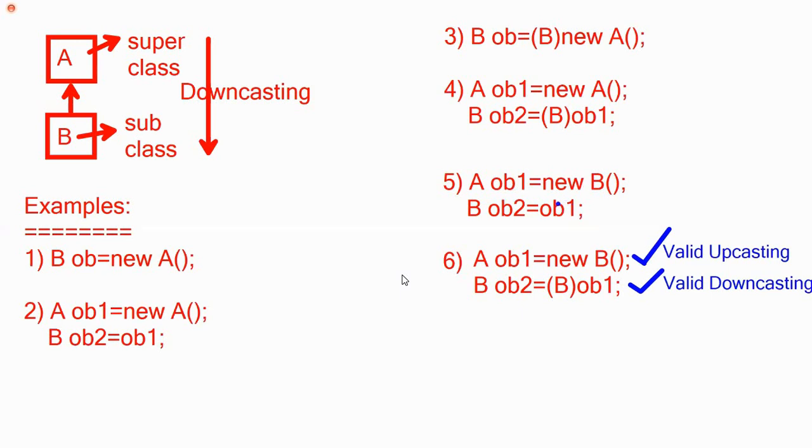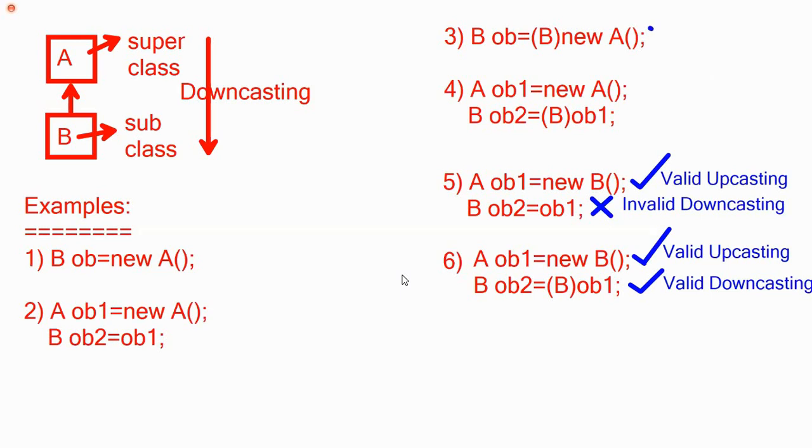Why is the fifth one not valid? There is no explicit type conversion. Here, invalid downcasting, because there is no explicit conversion. But this is valid upcasting. Why are the third and fourth not valid? There is no upcasting.